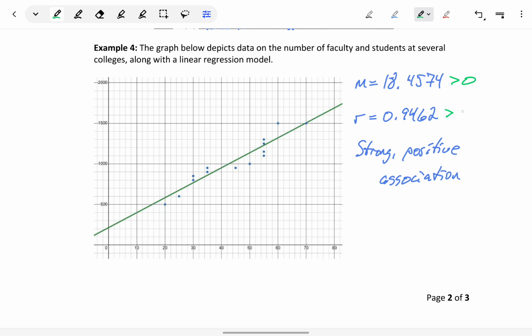So our value for r in this case is greater than 0, just like our slope, but also what's important is to recognize that it's very close to 1. We could have a positive value for r and have it be closer to 0, which would suggest little to no association.